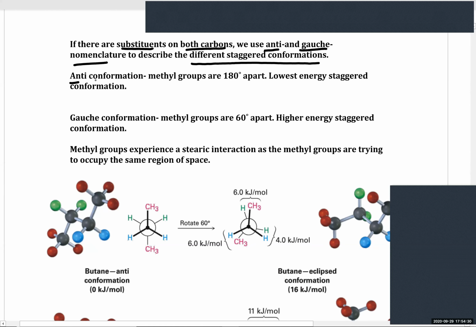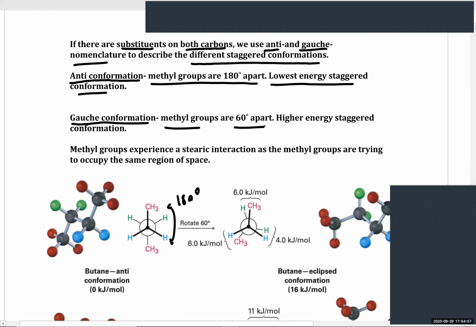So the anti-conformation occurs when our bulkiest substituents, in this case our methyl groups, are 180 degrees apart. This is the lowest energy staggered conformation. So in this anti-conformation, we have a 180-degree dihedral angle separating our bulky substituents. Another conformation that we observe is known as the gauche conformation, where our methyl groups are 60 degrees apart. This is the higher energy staggered conformation.